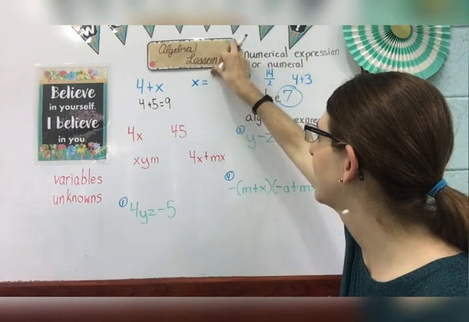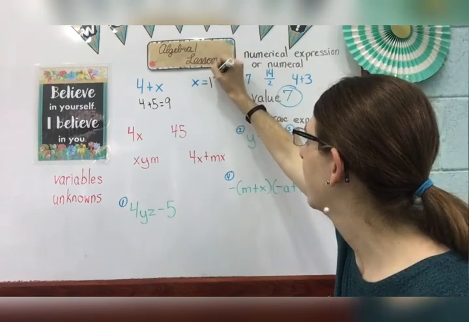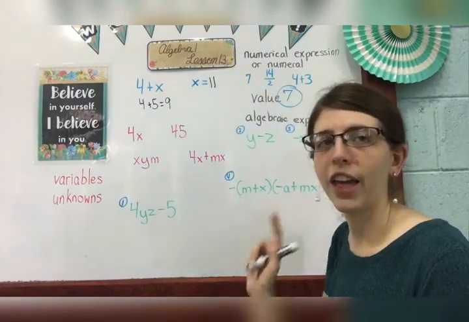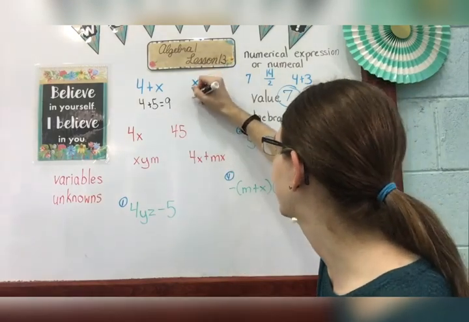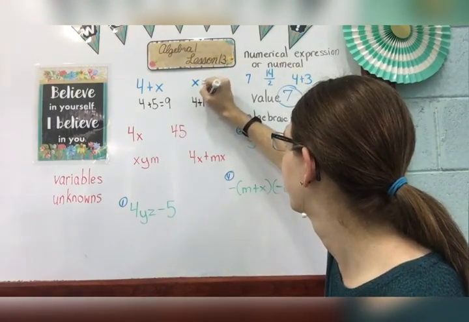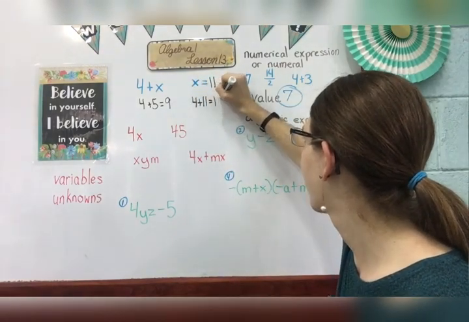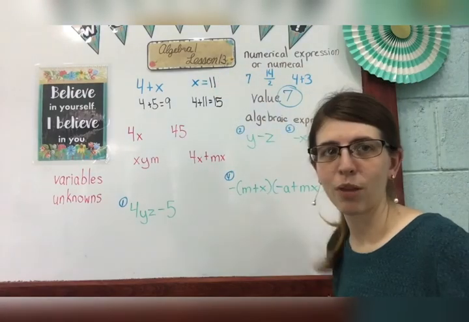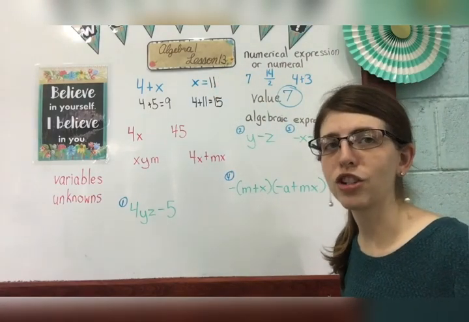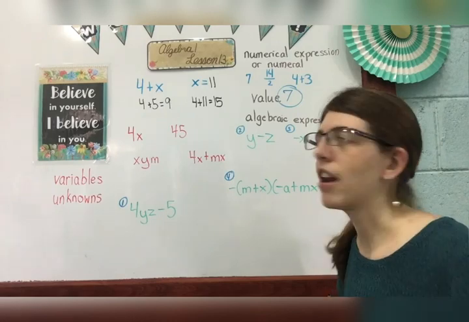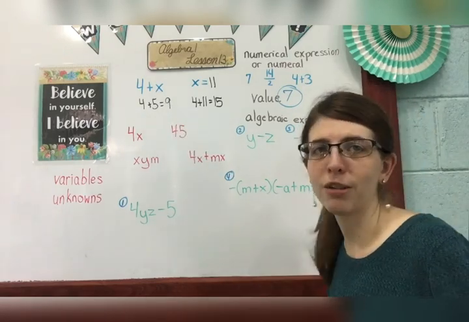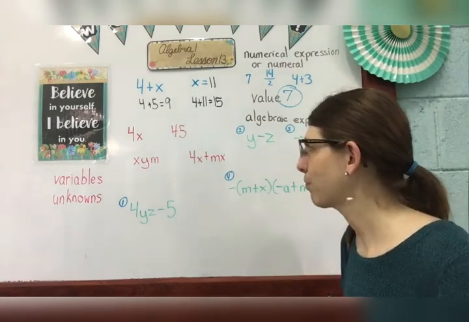Let's say my x is instead 11. Well, then I put 11 in place of the x, and I get 15. So the value of your expression changes based on the value of your variable, the value of your letter.